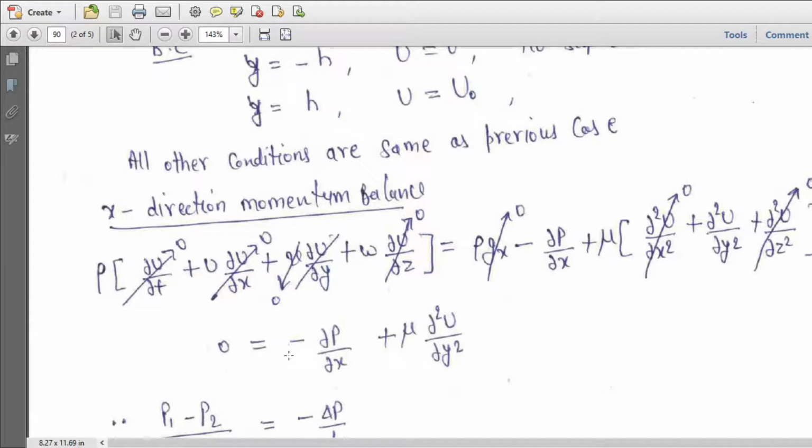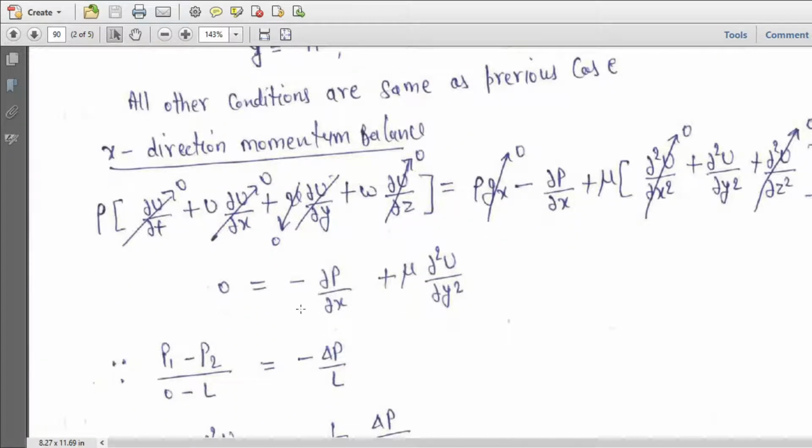So our resultant equation is 0 equal to minus del p upon del x plus mu d square u upon dy square. This partial derivative is converted to a total derivative because y is the only variable here.